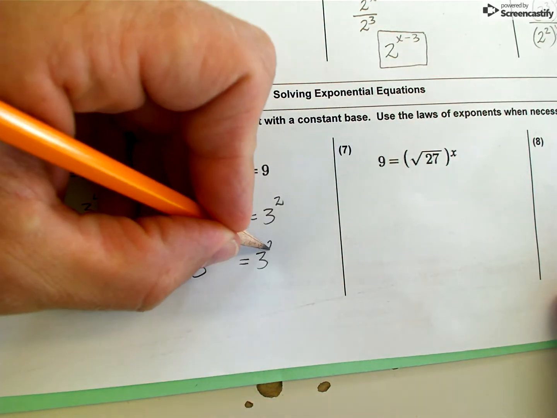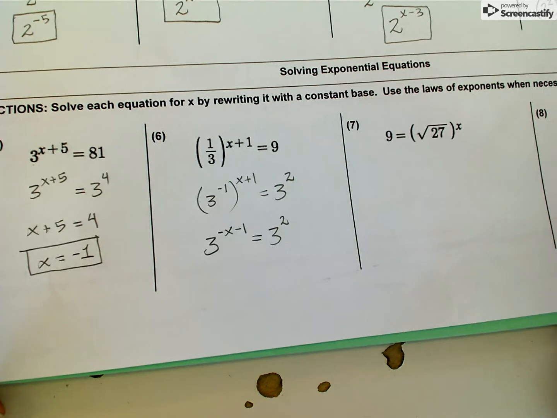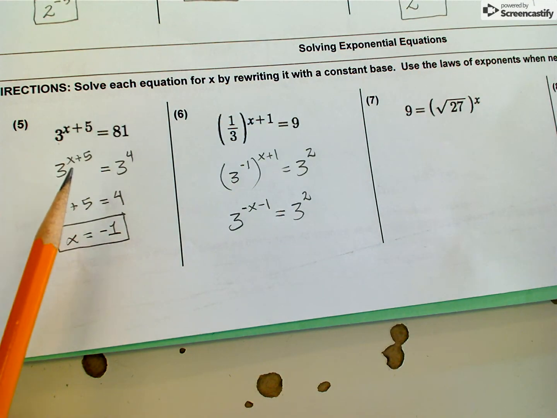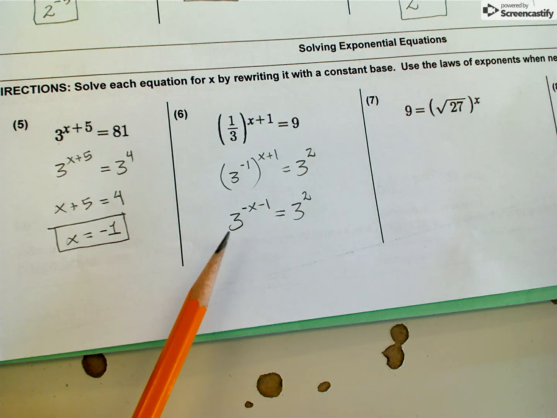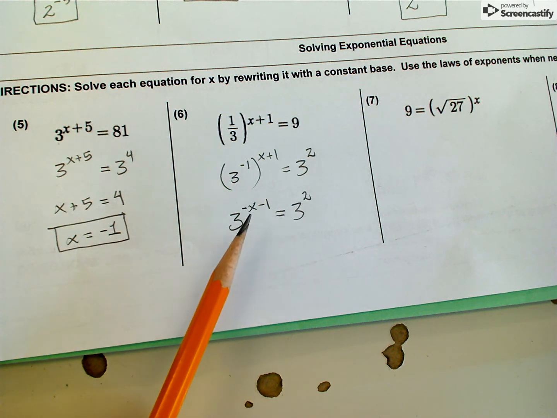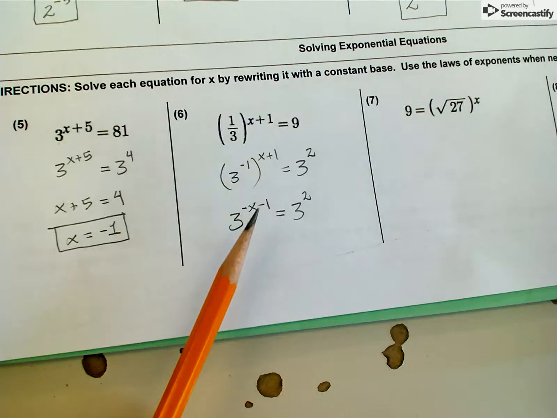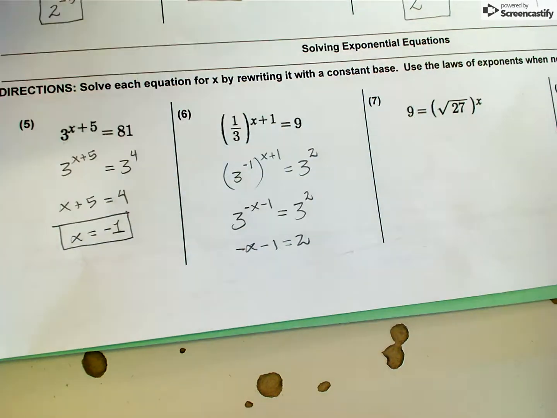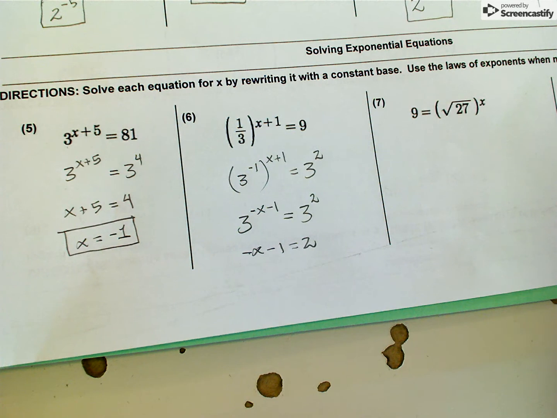And that equals 3 squared. So now it's very much like the first problem. I have the same base, 3, on both sides. And because the bases are the same, the exponents also must be the same. -x minus 1 has got to equal 2.